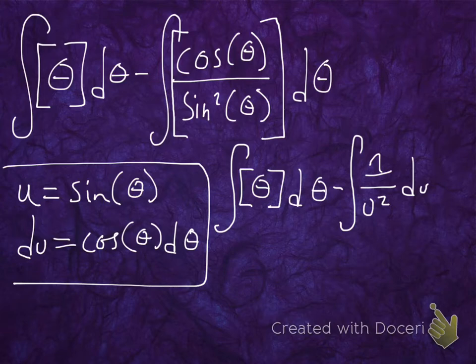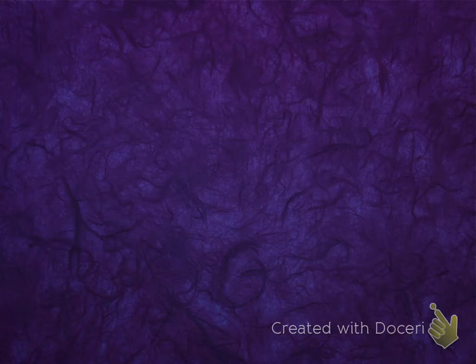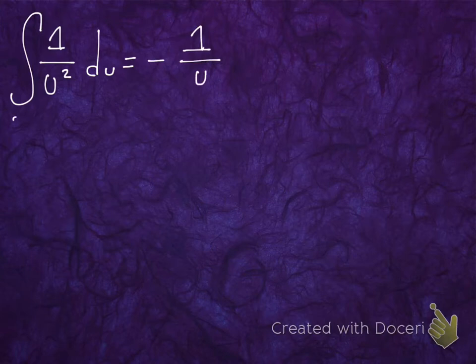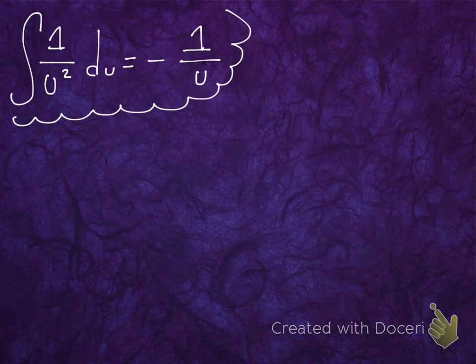So, if we take this information and go on to our next page, we can say that the integral of 1 over u squared, and we're just using our integral rules here, 1 over u squared du is just negative 1 over u. So because we have this bit of information on our side, we can go ahead and now rewrite.